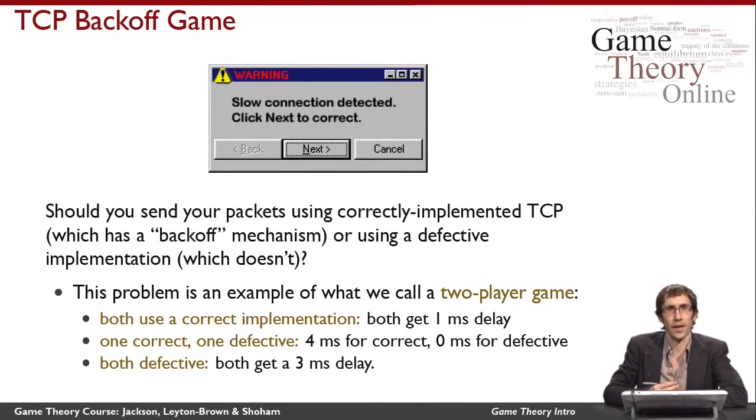Lastly, let's say that if both people use defective implementations of TCP, then we're again in a symmetric situation where they both experience the same delay. And they both experience a bigger delay than they would have before, because there's now a greater chance that their packets will be lost at every stage in the chain, and so it will take them longer to send a message.